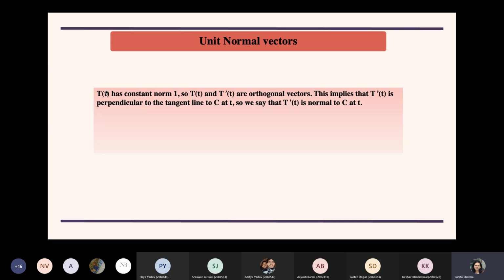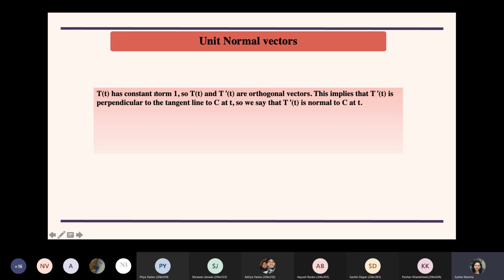So if you recall this result which we had shown earlier, that whenever you have a vector whose norm is constant, then the dot product of that vector with its derivative is going to be 0. We have established this result earlier.